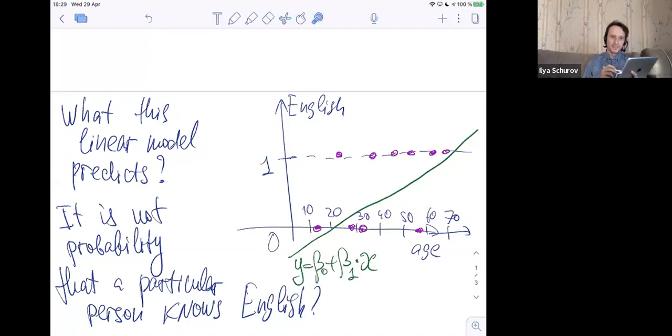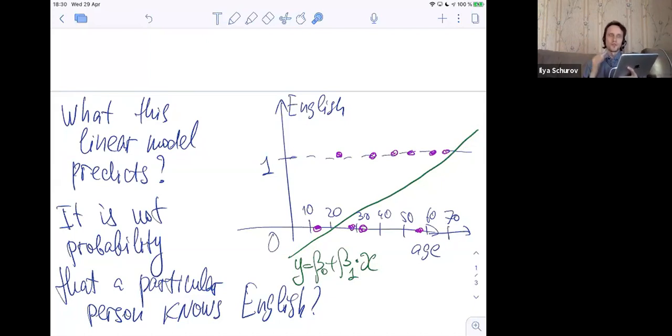Yes, it cannot be less than 0 because probabilities cannot be negative, and it also cannot be larger than 1. Just due to our definition, probability cannot be larger than 1 because probability is just a kind of relation between quantities.